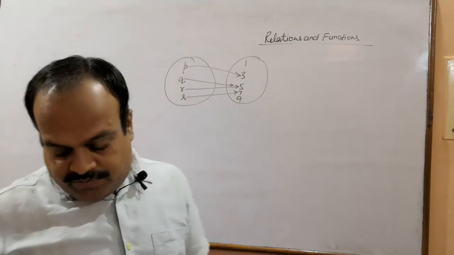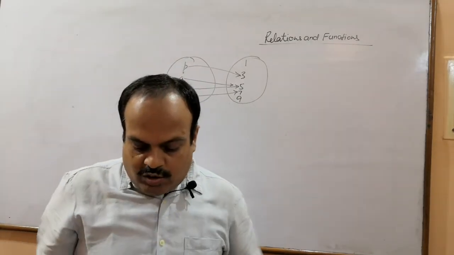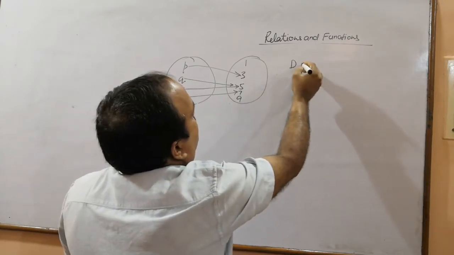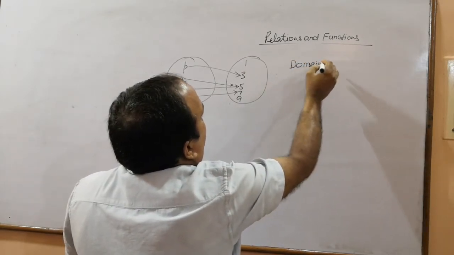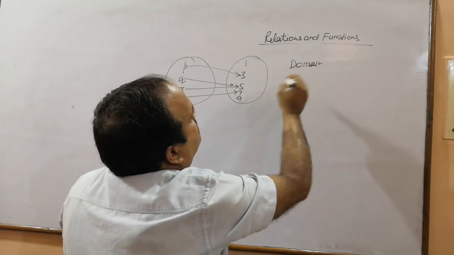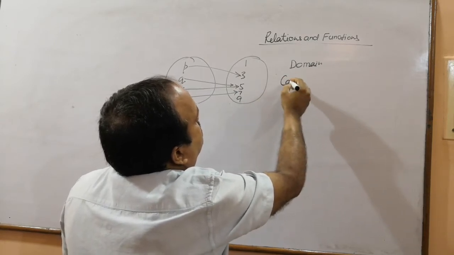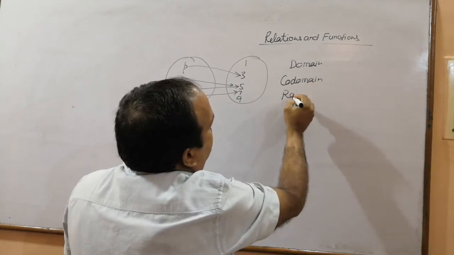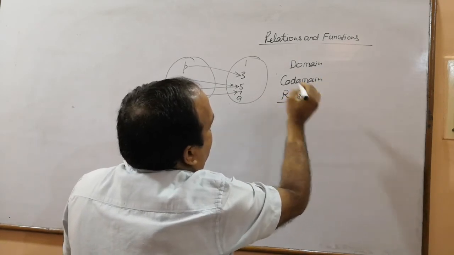Okay, so what we have to find? State the domain, codomain, and range.